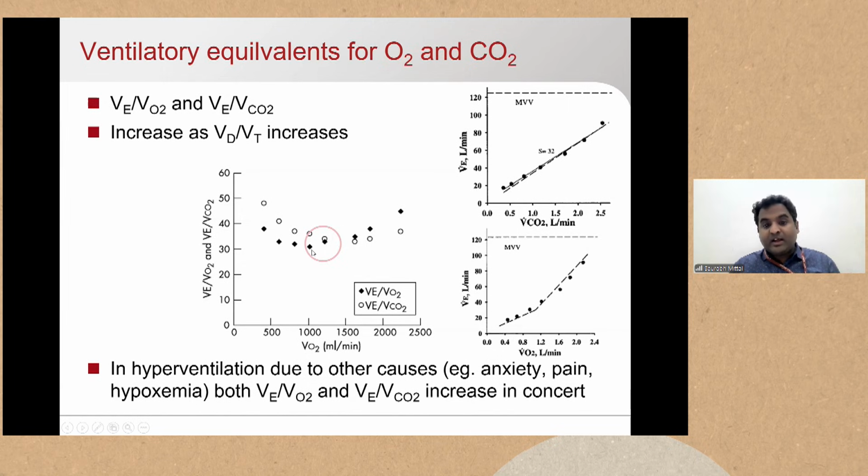If they are apart, then it is normal. But if they both reach the lowest value together, that generally happens in patients who have anxiety or psychogenic dyspnea. So if VE by VO2 and VE by VCO2 reach a nadir together, that suggests anxiety or psychogenic dyspnea. That's another important concept to understand exercise limitation during CPET.